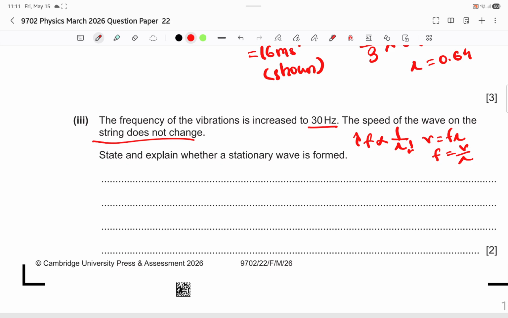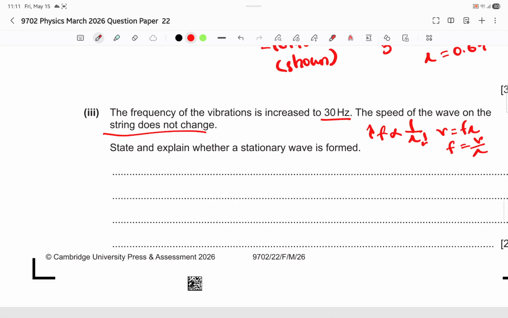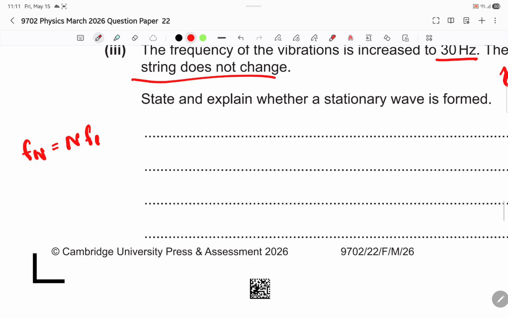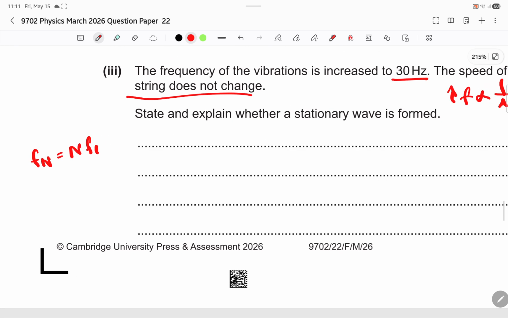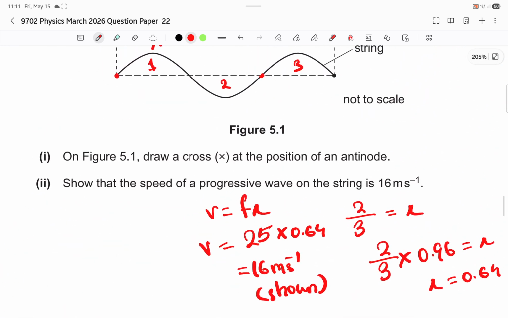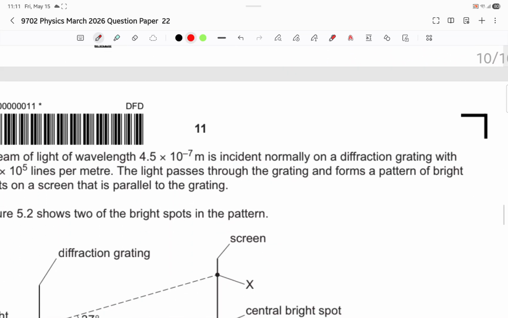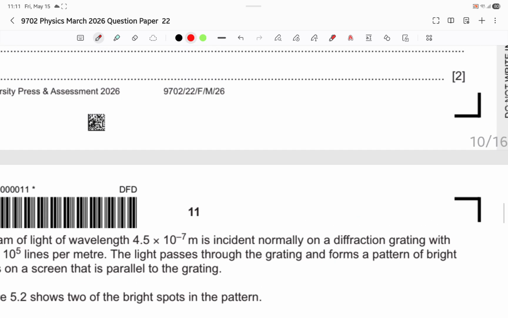There are harmonics in a sound wave. There are first harmonic, second harmonic, third harmonic. The formula for harmonic is frequency fn equals n times frequency f1. At what harmonic did we get 25 hertz, right? So for which one did we get 30 hertz?